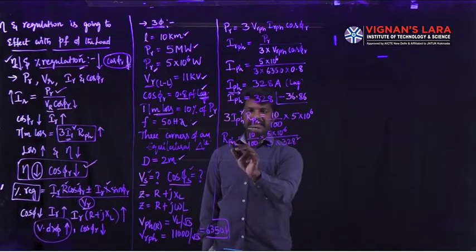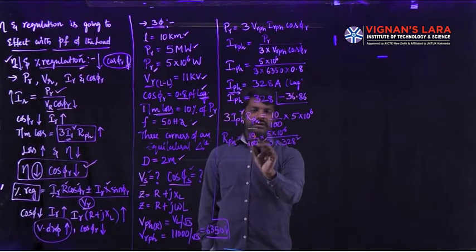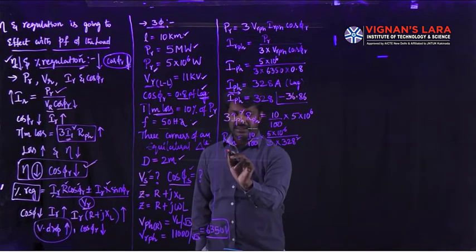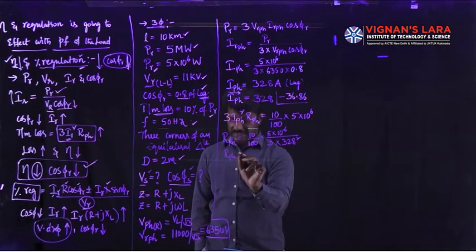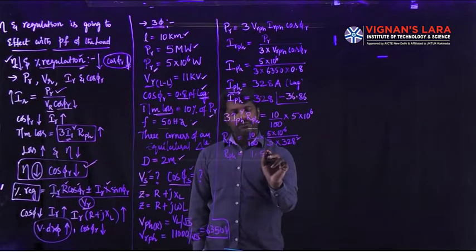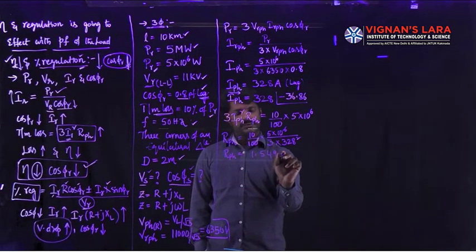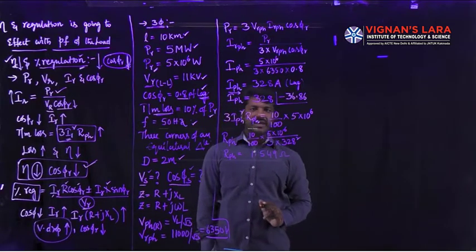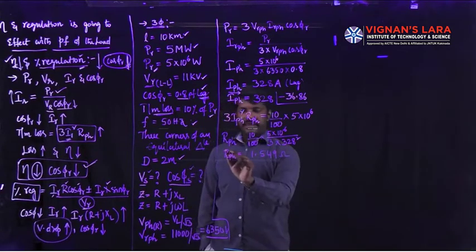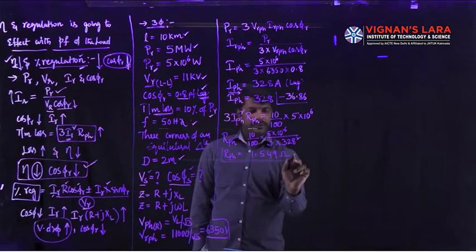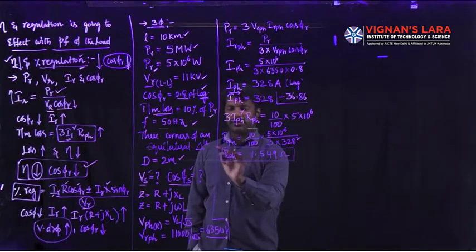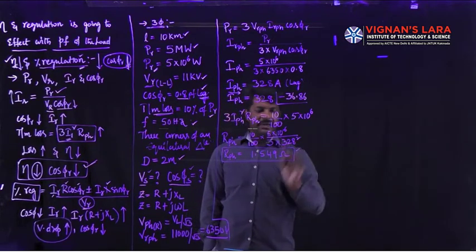Thereby, the resistance per phase is equal to 10% of this 5 megawatts divided by 3 into 328 square. Then the resistance per phase is 1.549 ohms. This is the per phase value of the resistance, which will be useful for finding out the sending end voltage as an important parameter.